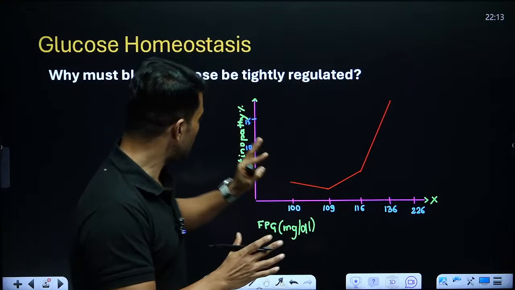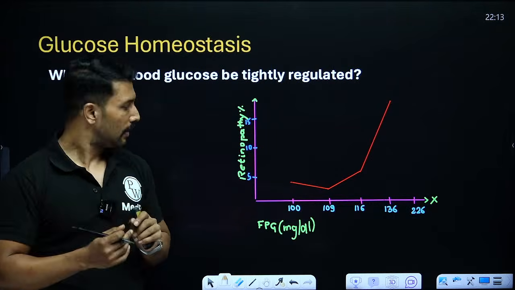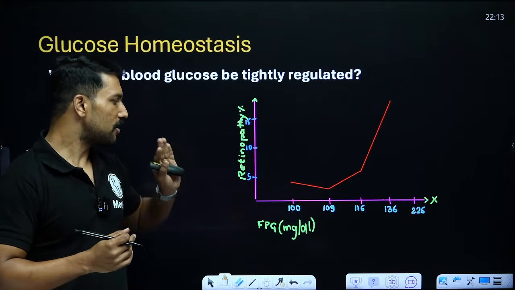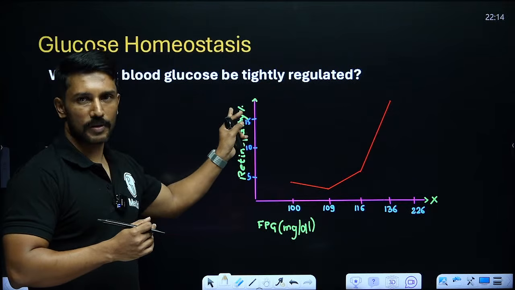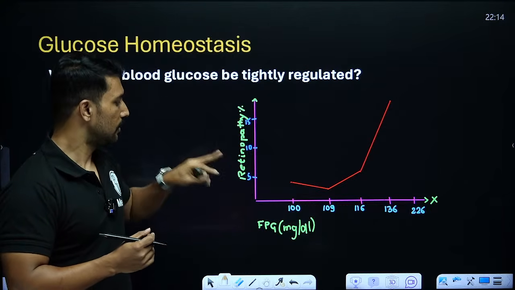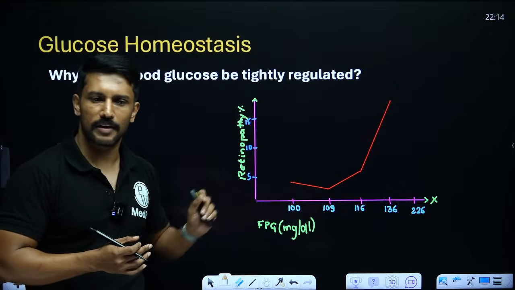So I'm just taking an example of retinopathy. There was a long-term study conducted in patients where they looked at the relationship of the incidence of retinopathy and their fasting plasma glucose values. This graph, you get it in Harrison also.